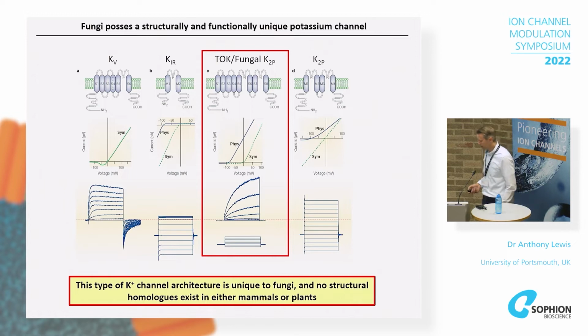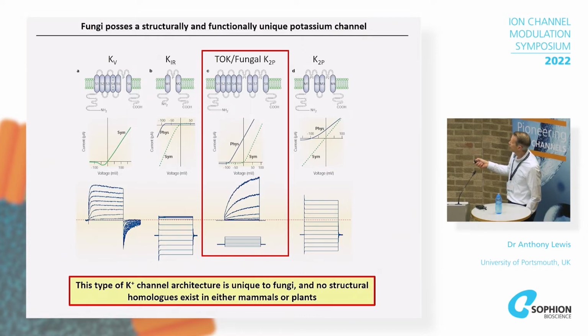So there are 3 known families of potassium channels, certainly in animals and plants. So we have the voltage-gated channels here. So the subunits consist of 6 transmembrane domains, a single semi-hydrophobic pore loop here, and a voltage sensor at S4, which confers voltage sensitivity to the function.